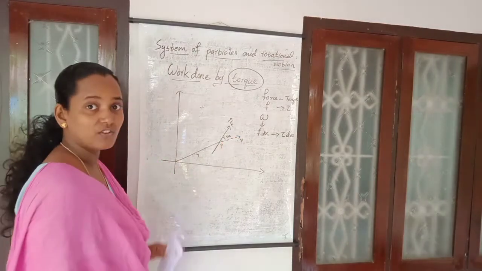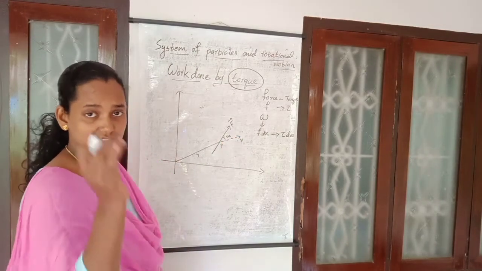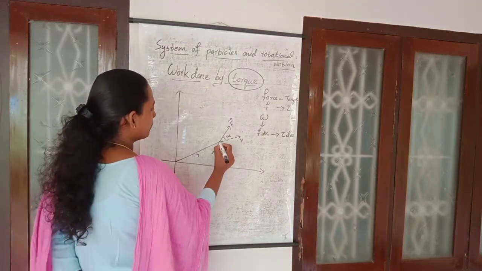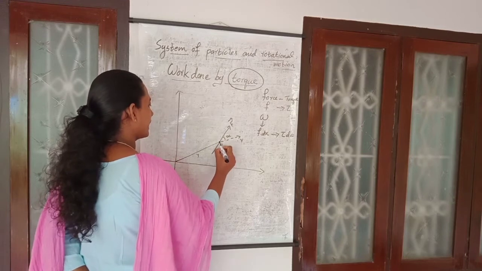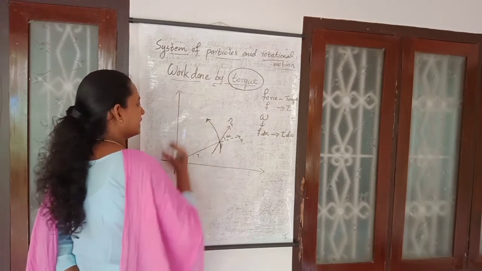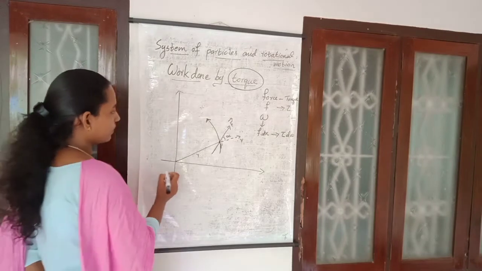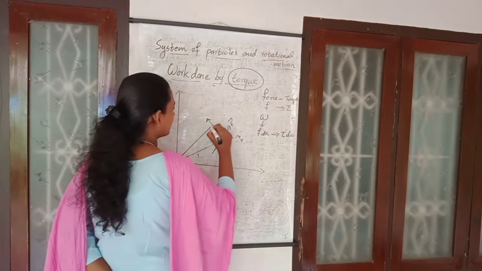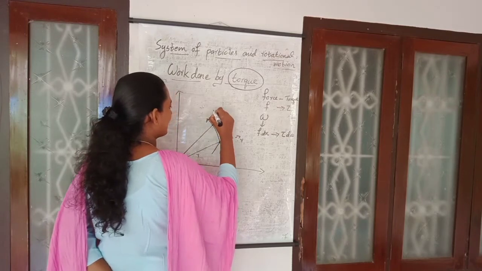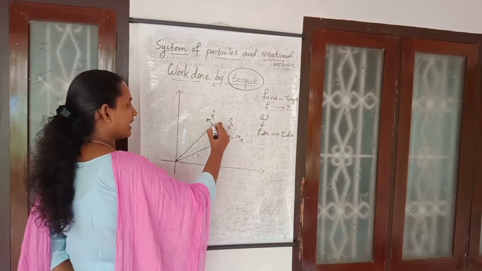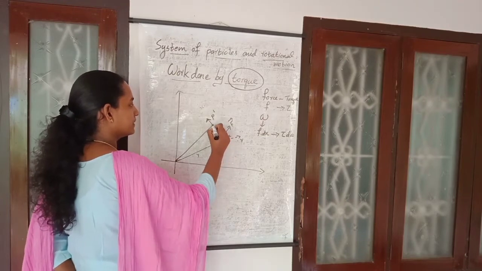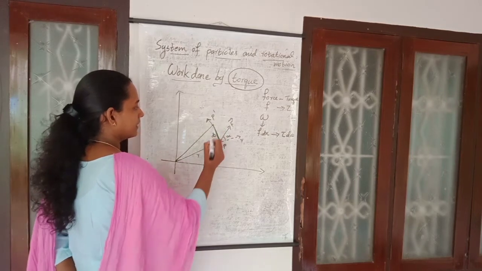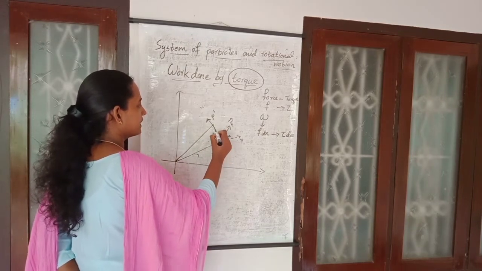That is an angle alpha, not angular acceleration, just a notation. Because of this force, the particle rotates in this direction and from point P reaches another point P dash, so the particle has a linear displacement ds, whose direction is tangential.